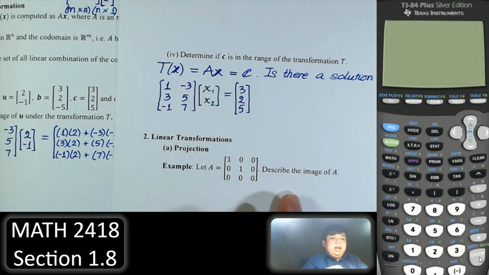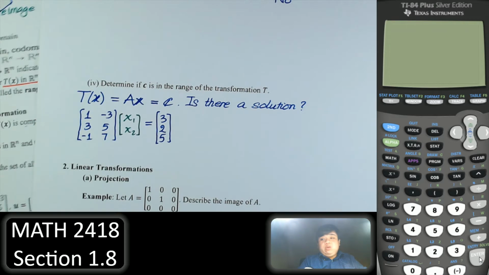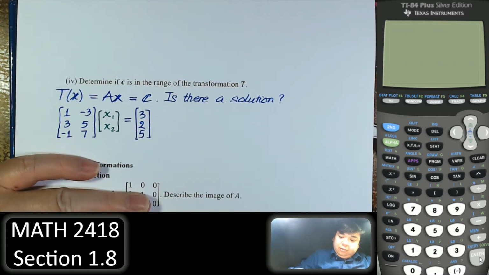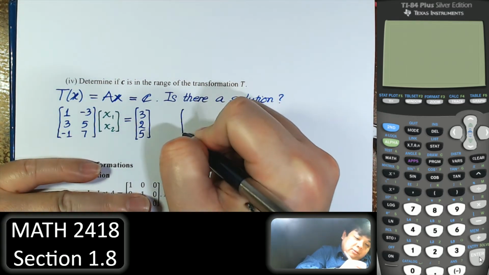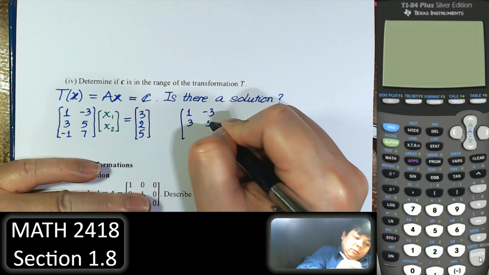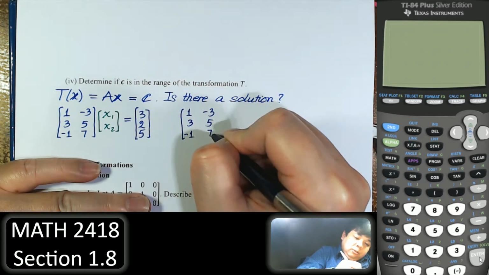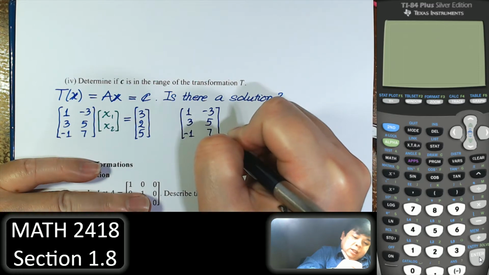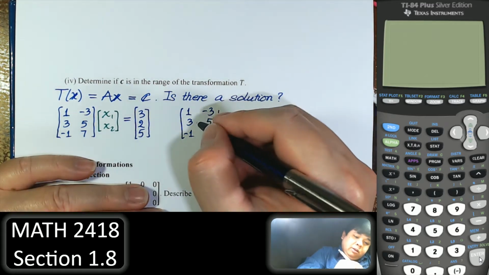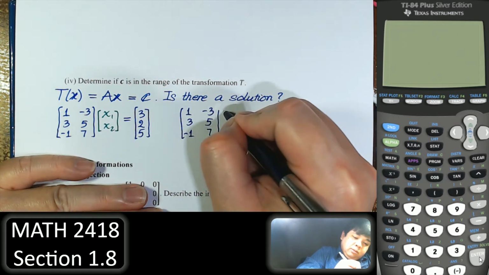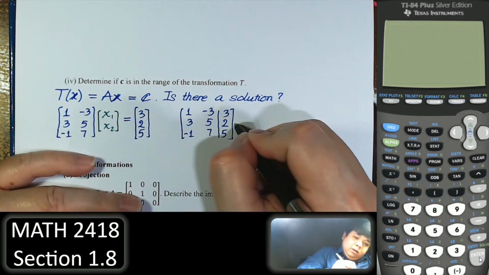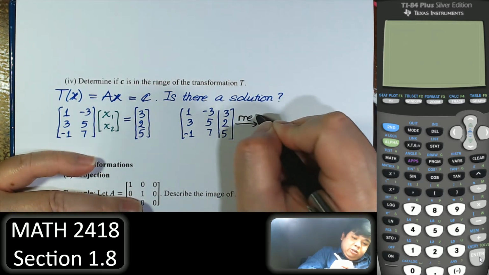Right. Now, once again, I put in the matrix and do the reduced row echelon form. Reduced row echelon form.